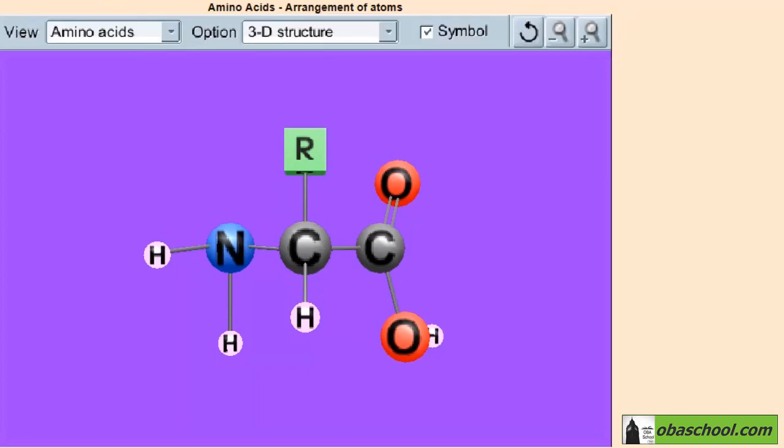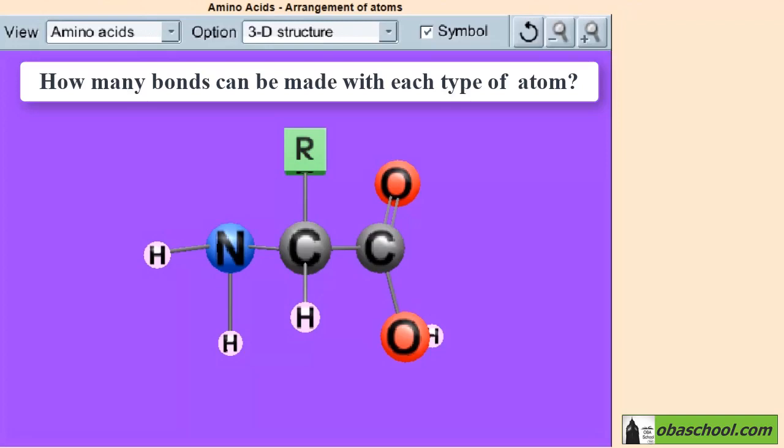The atoms in the amino acid can form different numbers of bonds with each other. Let's find out the bonds in this model. So how many bonds can be made with each type of atom? As you guessed, hydrogen will make one bond.